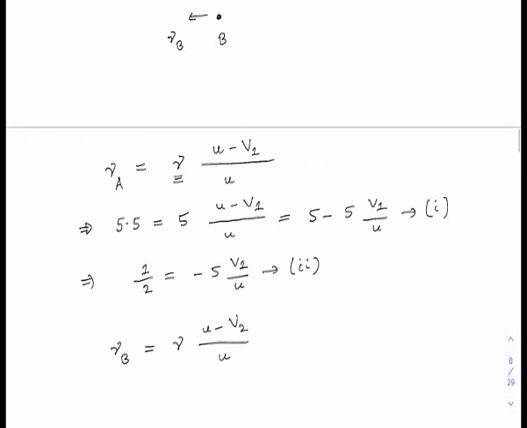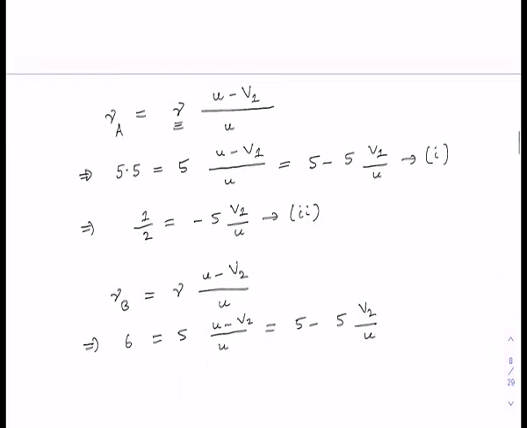Putting in the numerical values, I have 6 kilohertz and 5 kilohertz, so 6 equals 5 minus 5 v2 by u. This can be simplified as 1 equals minus 5 v2 by u. This is my equation number 3.